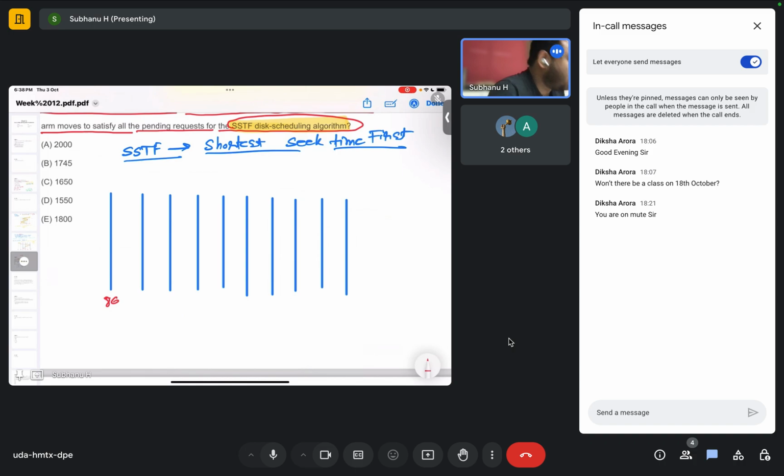Then I have 130, then 143, then 913, then 948, then 1022, then 1470. Then I have 1509, 1750, and 1774. So yes, got it. This is for this one.